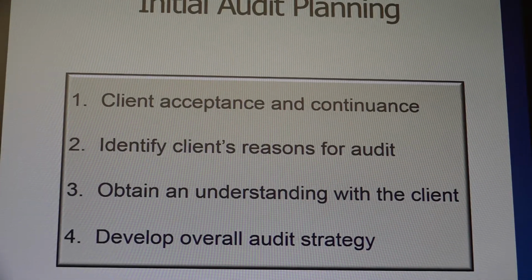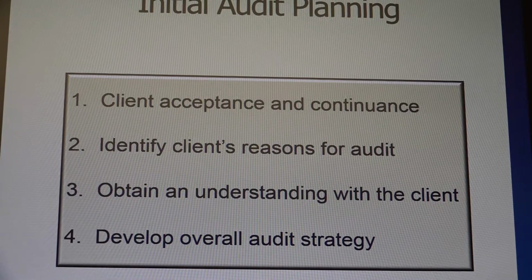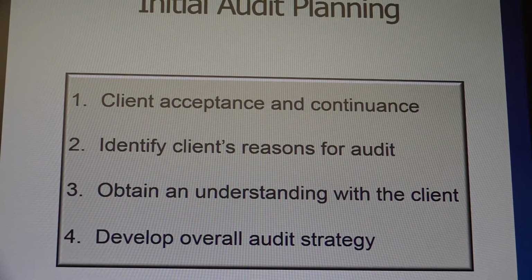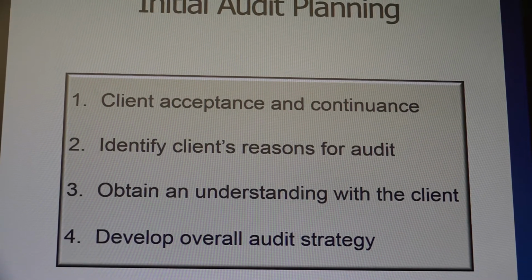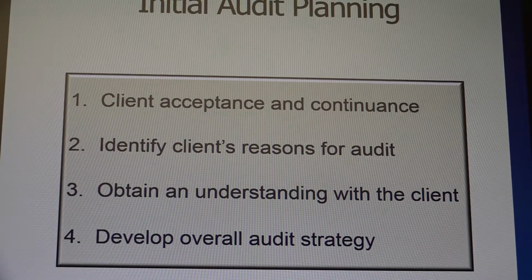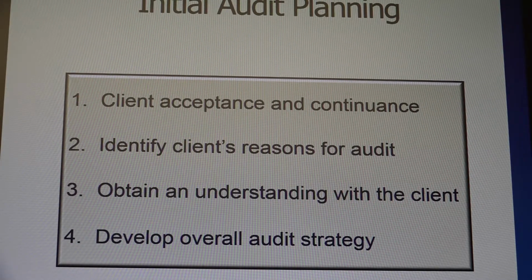And so when accepting a client, you have to look at really four things when you're talking about audit planning. One includes client acceptance and continuance, but there's three others. You should identify the client's reasons for the audit. You should obtain an understanding with the client, and then develop an overall audit strategy.